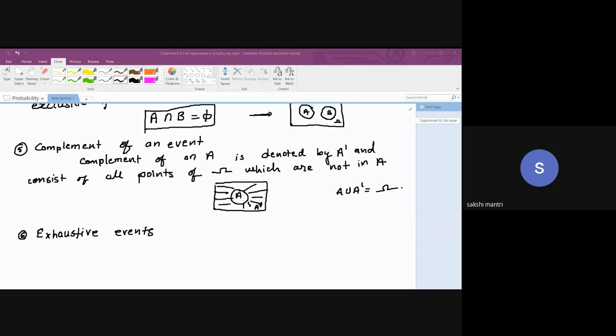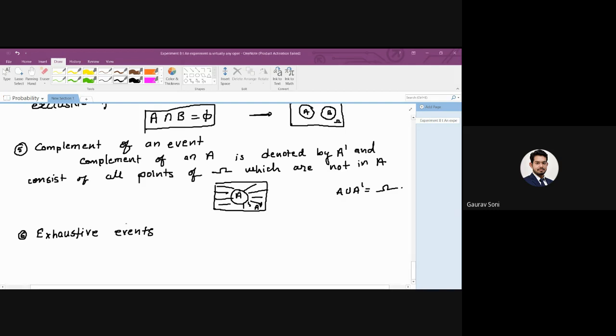If all the elements come together and consume the same sample space. Can you repeat that? The events together consume the same sample space. So if you make the union of those two events, we'll get the complete sample space.